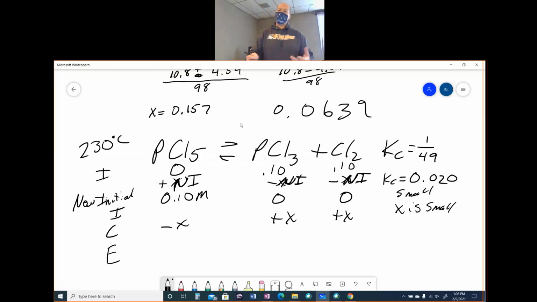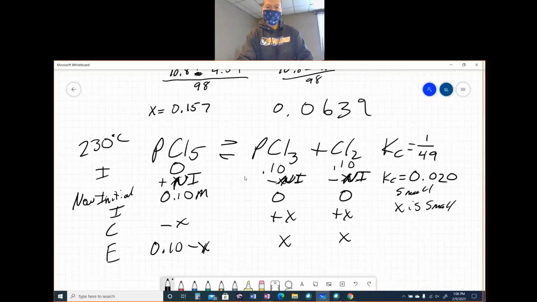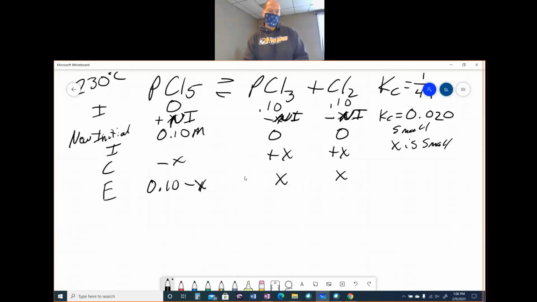All right, so now I can use successive approximations. So now I have 0.10 minus x. I have X, and I have X. All right, so then I write my expression for KC.